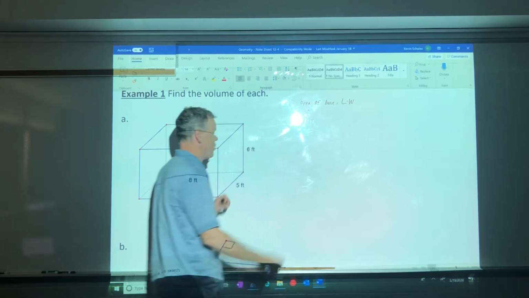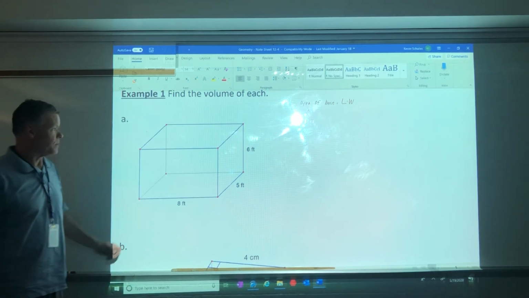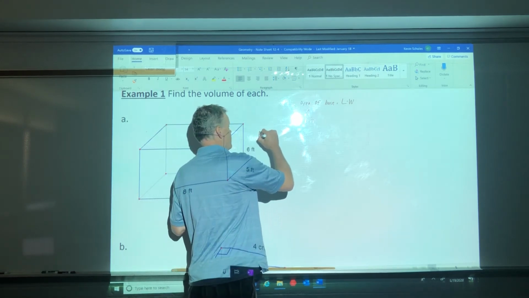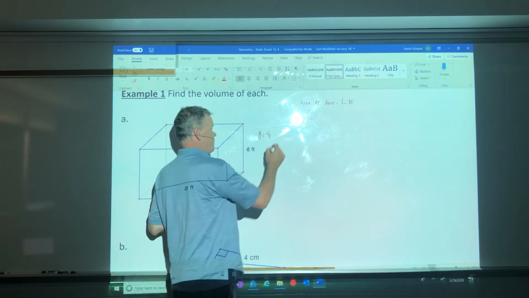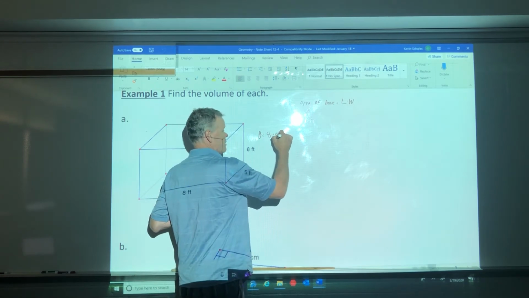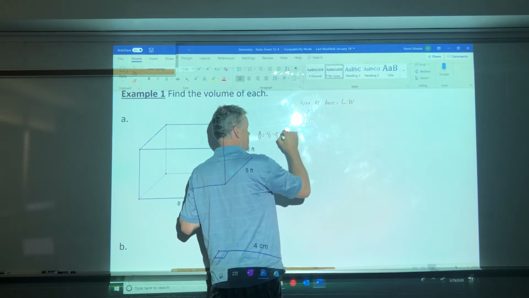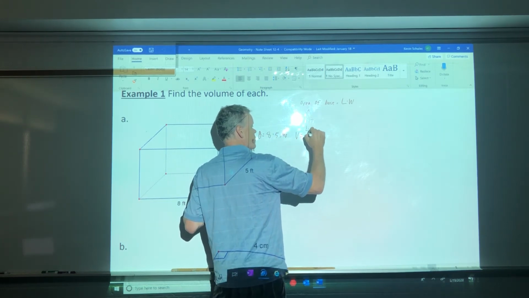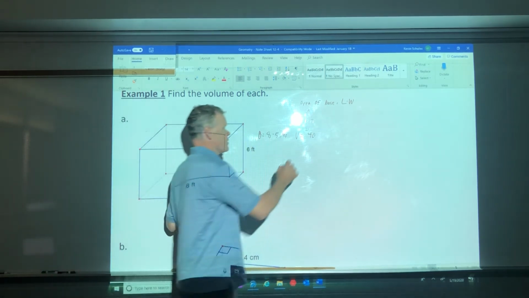So the big B, the area of the base, equals length times width, or 8 times 5. Our big B is 40. So volume equals 40 times our height, which is 6.